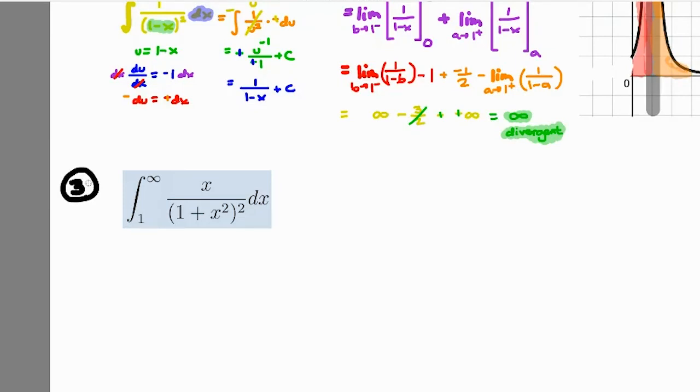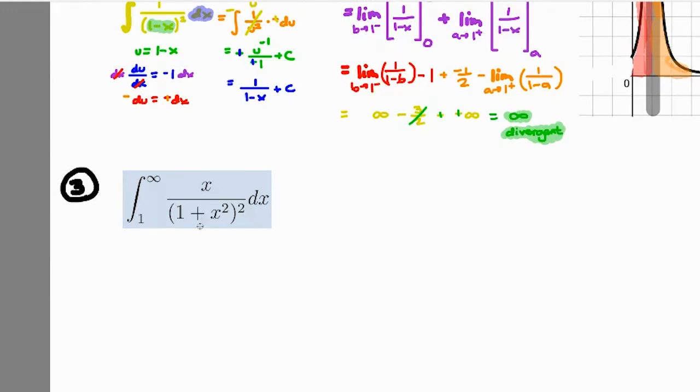I'm going to try to do this one without the limits, just so you kind of get a feeling for what it looks like to work with infinity. So this is going to look a little different, but not a very small difference. All right, first thing I'm going to do here is I need to find the antiderivative, and then I'm going to plug in infinity and plug in 1. Okay, that's what, like, a light bulb should be going off in your head when you see that. That's what you need to do.